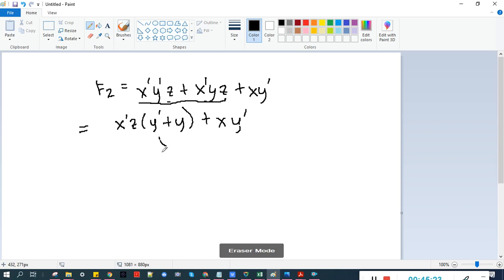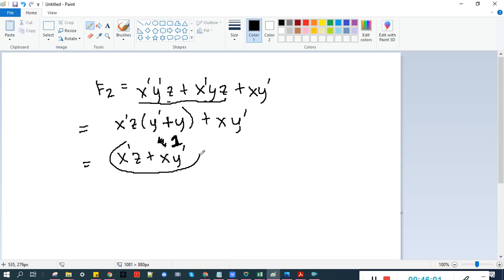You have to check the postulates and theorems, but I know that the value is 1. Y prime ORed with y is 1 because all the possible values are there and you are ORing, so there will always be 1. So it becomes x prime z plus x y prime.